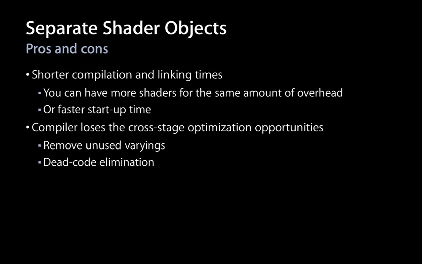One disadvantage of this extension is when the compiler can see both the vertex stage and fragment stage, it can do some set of optimizations. It can do some set of dead code elimination. It can do elimination of unused varyings. It doesn't go and interpolate varyings that are not used.